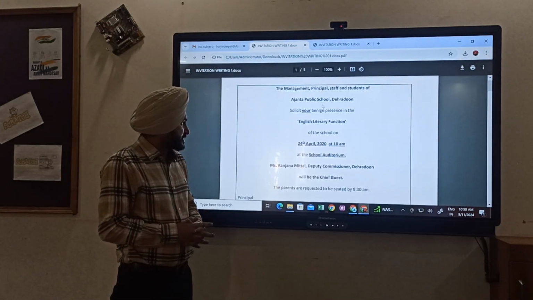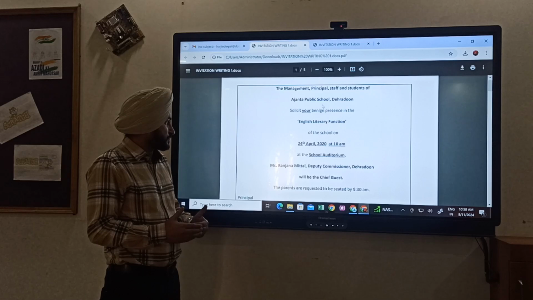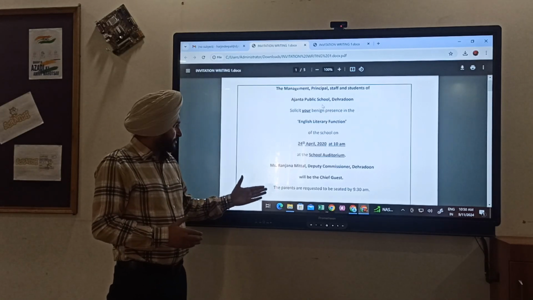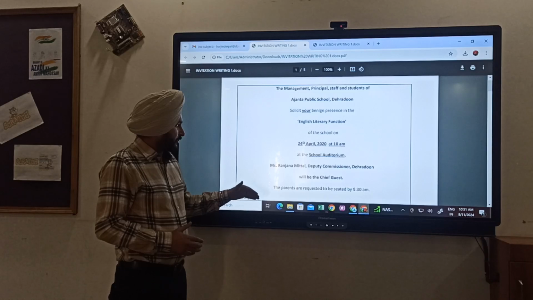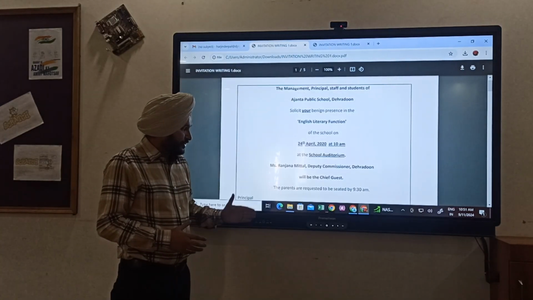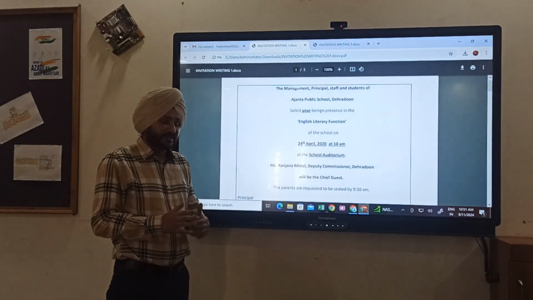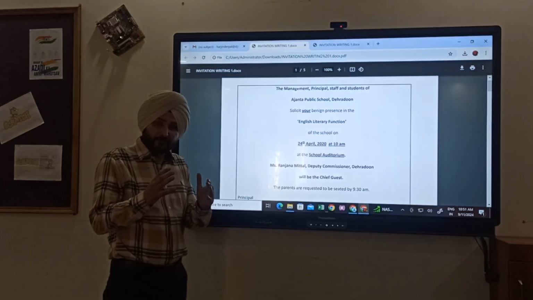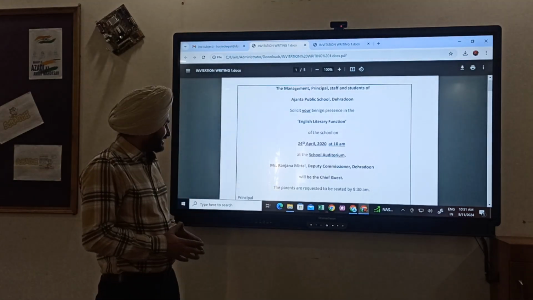Solicit your benign presence in English literary function of the school on this date, at this place, at this time. Miss Ranjana Mittal, Deputy Commissioner Dehradun, will be the chief guest. So we have to mention the name of the chief guest along with designation.